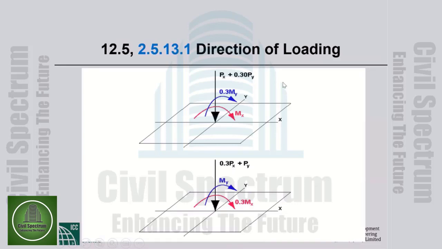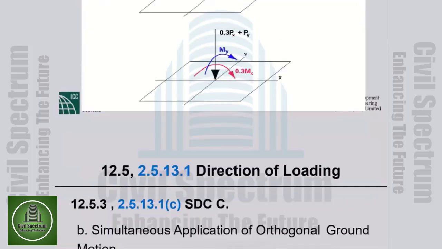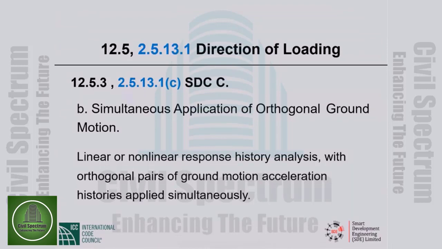And just by looking, we do not know which one is more critical. So we have to find out by going further into design which of those orthogonal combinations governs our design. So that was one way, 100% plus 30%.